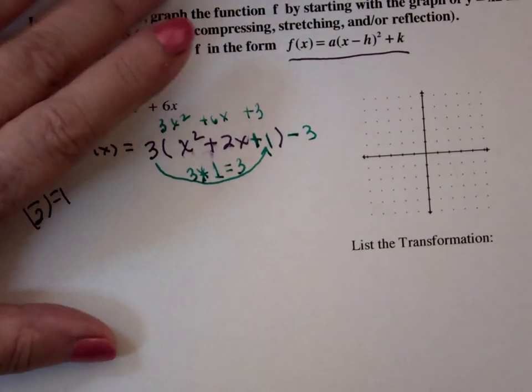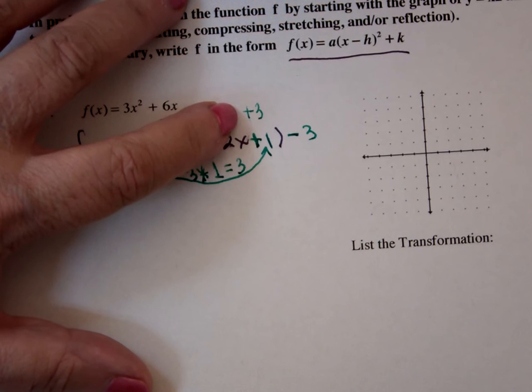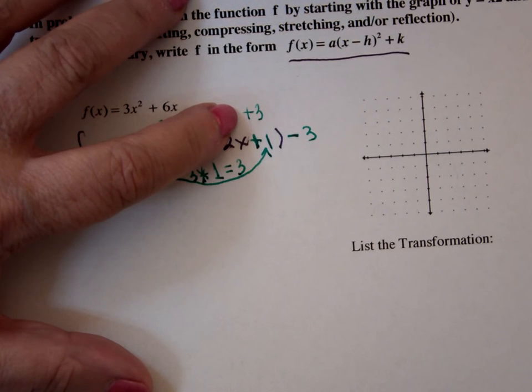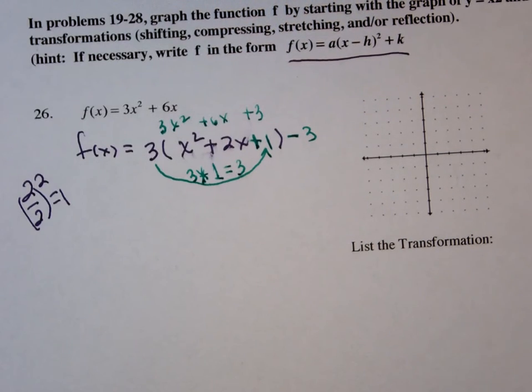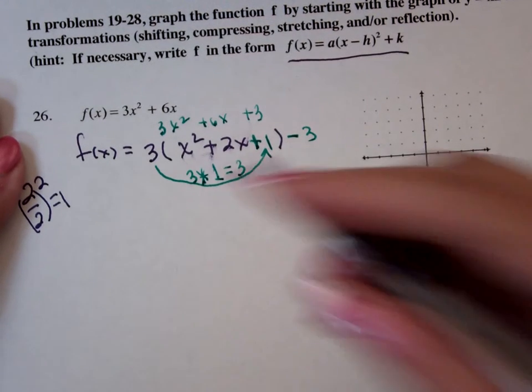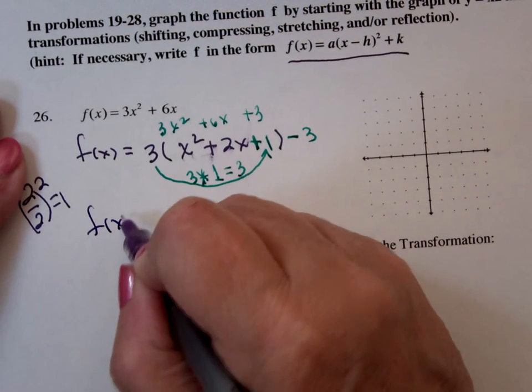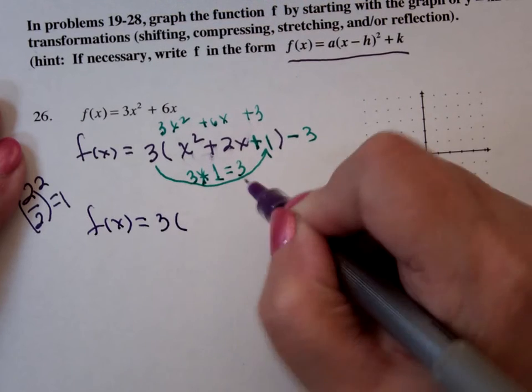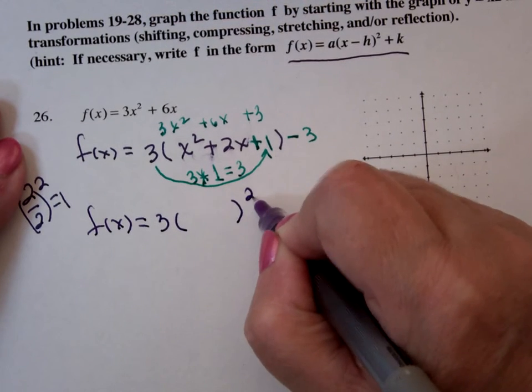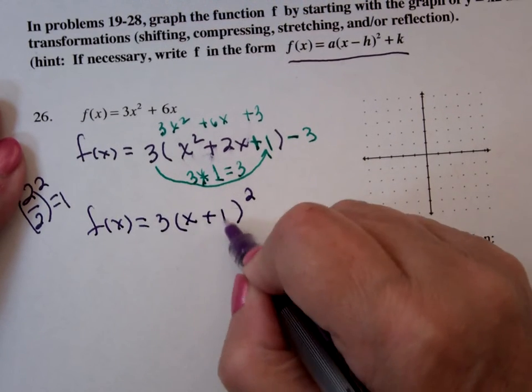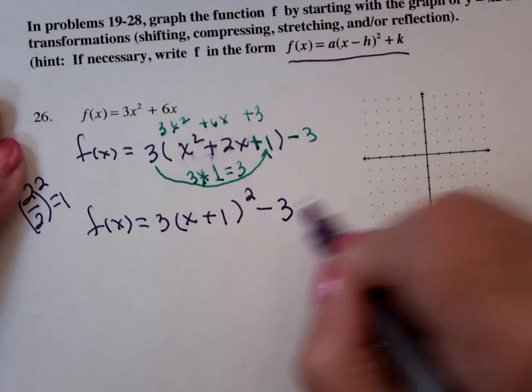The original says that's a plus 3 there. I need to remove it. So now I have that f of x is 3 times a perfect trinomial square, which is x plus 1 squared, minus 3.